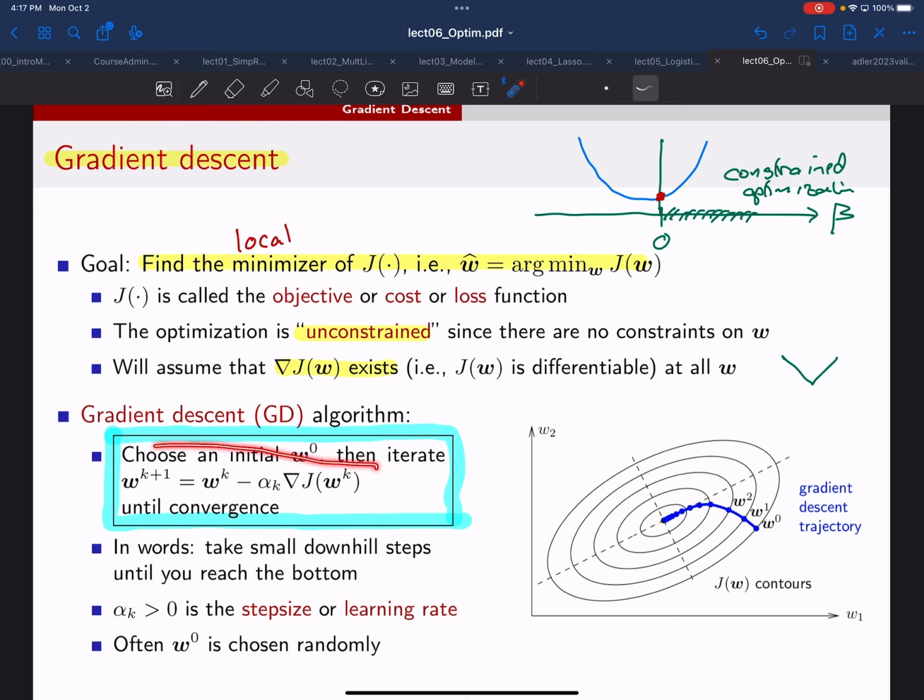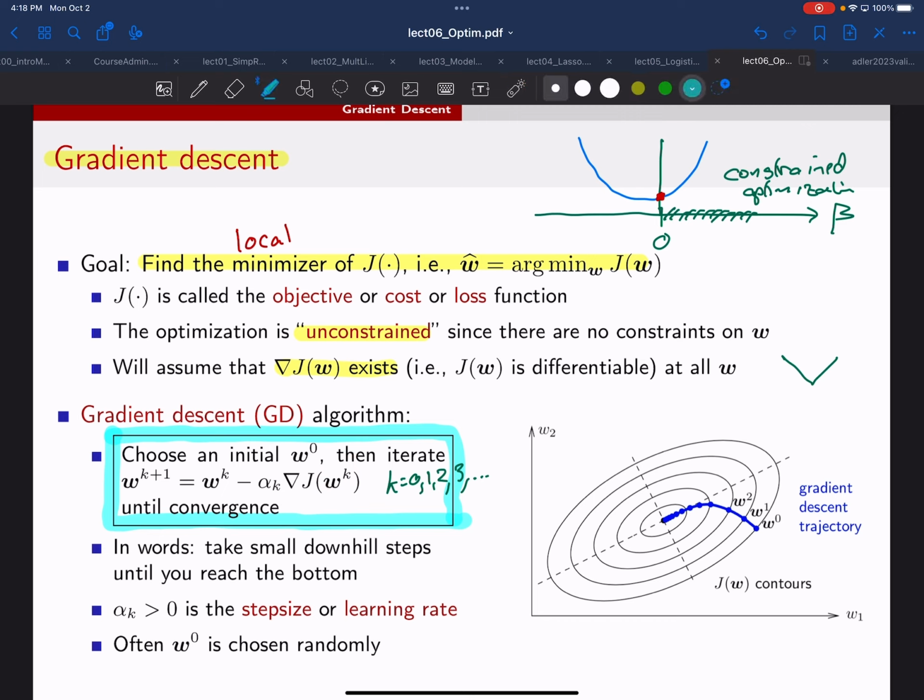From our initial guess, we keep iterating this step. Essentially this says at every iteration k, in other words, k goes 0, 1, 2, 3, and so on, you take your previous guess and you subtract from it some number alpha k times the gradient evaluated at your previous guess.